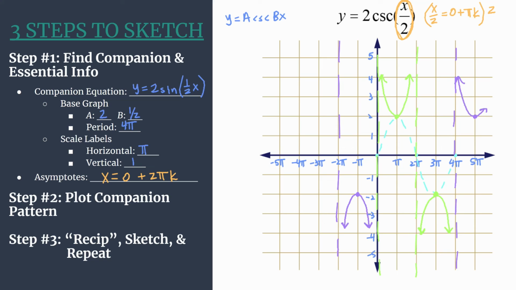That's when k is negative 1. Another curve that has our local minimum. Another vertical asymptote. This is when k is negative 2. And then another curve that has another local maximum. So here we have several cycles of y equals 2 cosecant x over 2 using this 3 steps to sketch method.